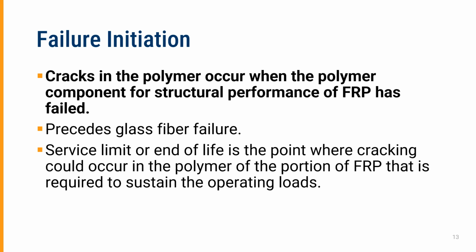However, they're relatively rare. With rubbers, which are also thermoset polymers, with cross-linked rubbers, we also will have a fairly high failure strain. But for most structural FRP, the failure initiation in the polymer precedes glass fiber failure.